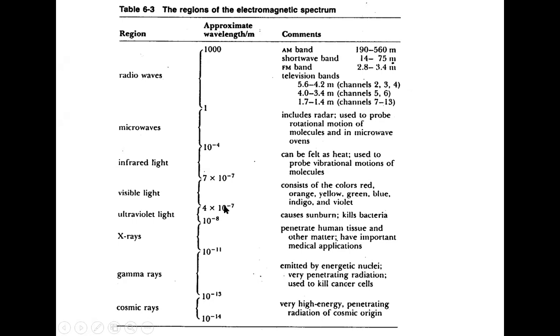So roughly in the visible light, you all know this right away, it is from around 400 nanometers to 800 nanometers, on the ballpark. So that's what we are talking about, the nanometers, what we can see.